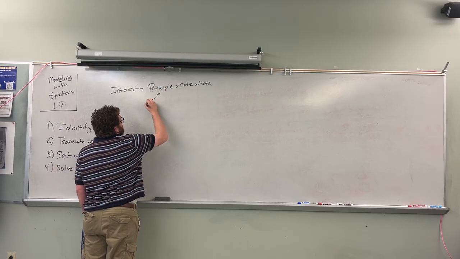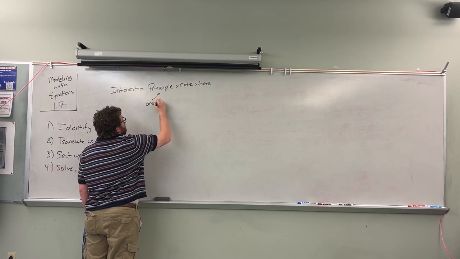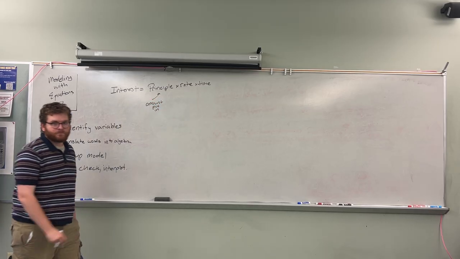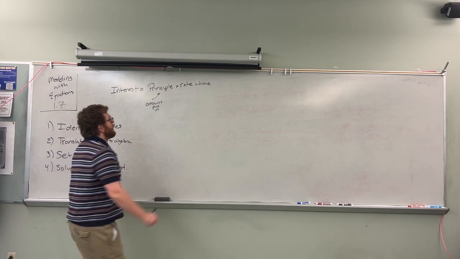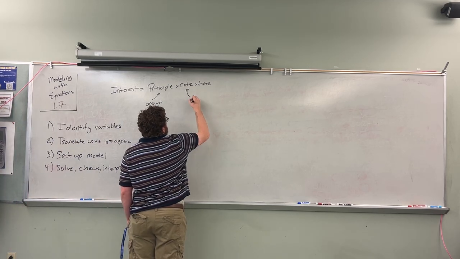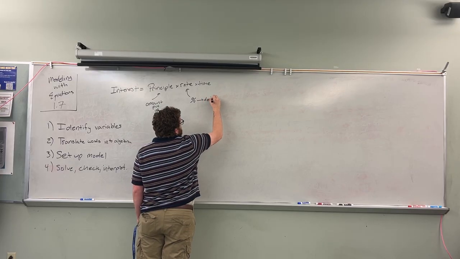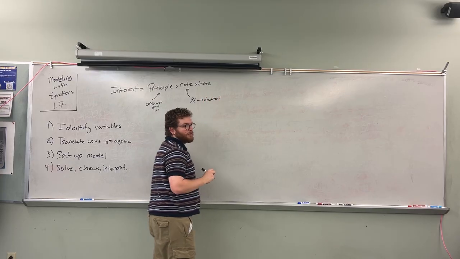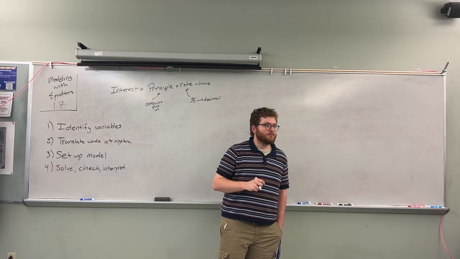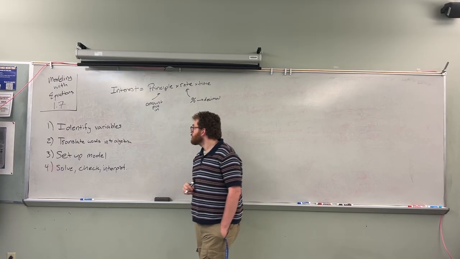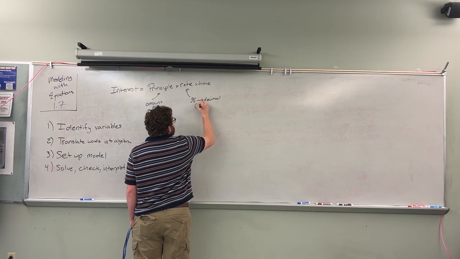Principal here is the amount put in. And rate, we want to write from percentage into decimal. Who remembers how to convert from a percent to a decimal? Divide by 100. Right. So I'll put that in.